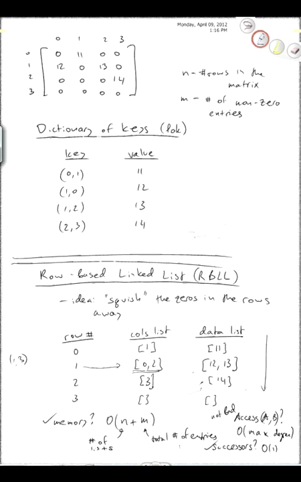So let's discuss our next format. So the next format is called compressed sparse row format. And we'll often abbreviate this as CSR. So in some sense, compressed sparse row format is the most complicated format that we'll learn, but it's also the most widely used format.